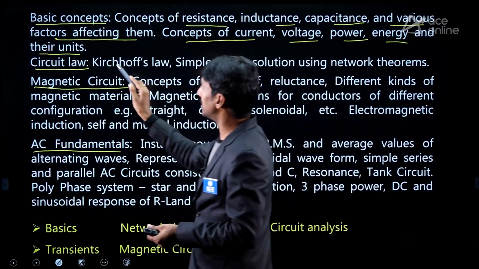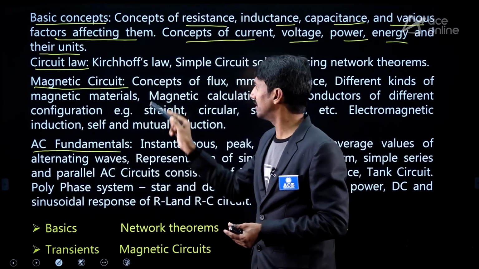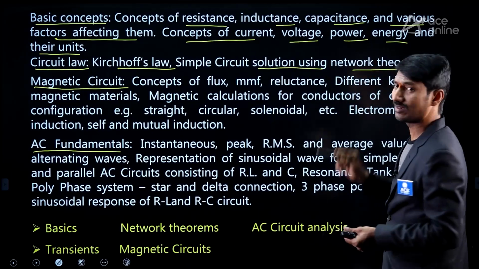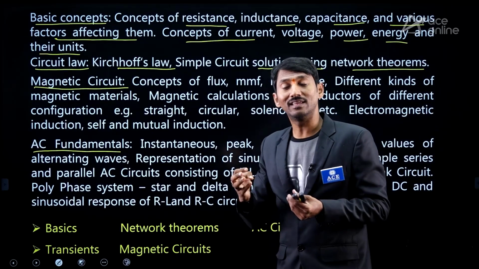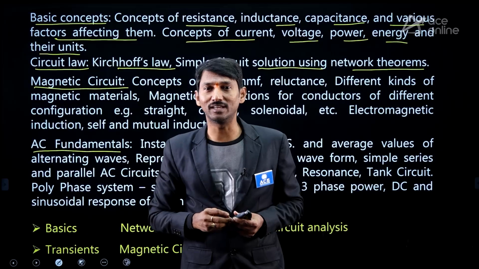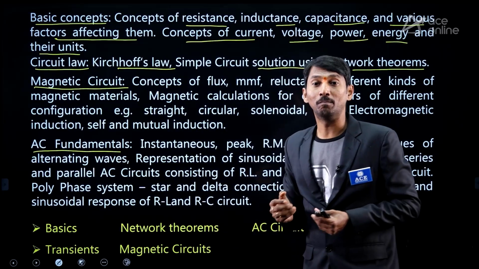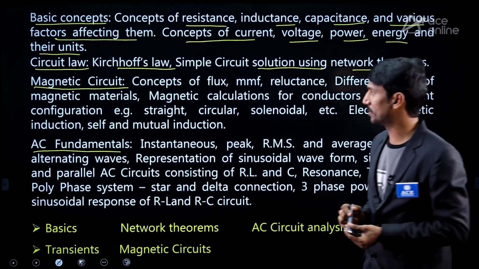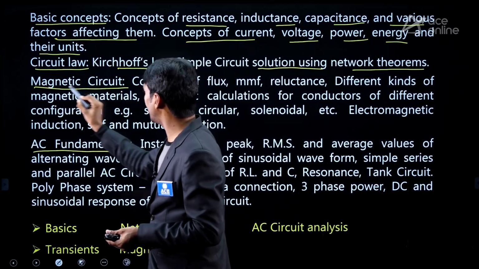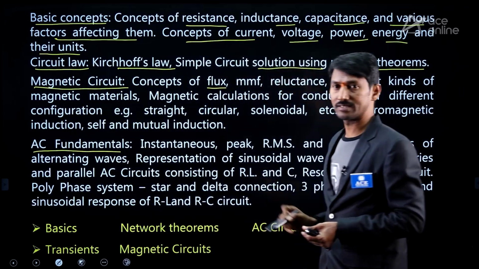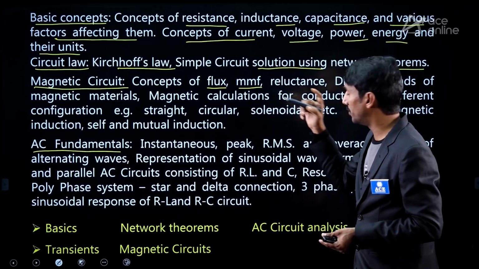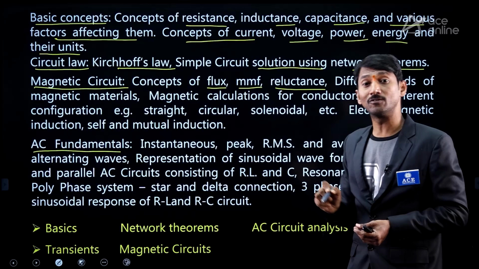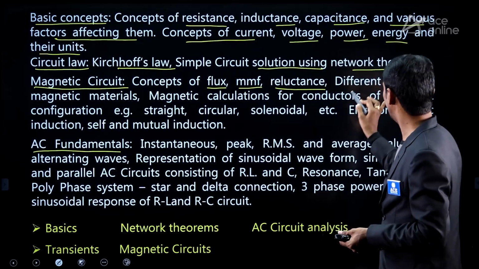And here circuit laws, we are having different laws, that is Kirchhoff's law, simple circuit solutions using network theorems. We are having Thevenin's theorem, Norton's theorem, superposition theorem, maximum power transfer theorem, like that. Different theorems they are asking. After that, magnetic circuit: concept of flux, concept of MMF, magnetomotive force, reluctance, the opposition offered to the flow of flux, like that.